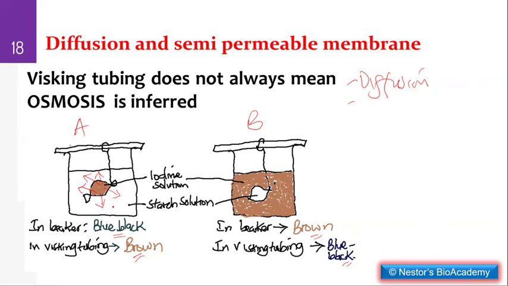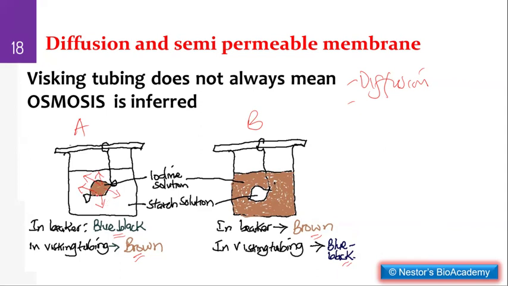What does this tell you? This tells you that the Visking tubing is selectively or semi-permeable. Iodine molecules are too small in size compared to the starch molecules. So the iodine molecules are able to diffuse across the Visking tubing, but the starch molecules are too large. They are not able to diffuse across.